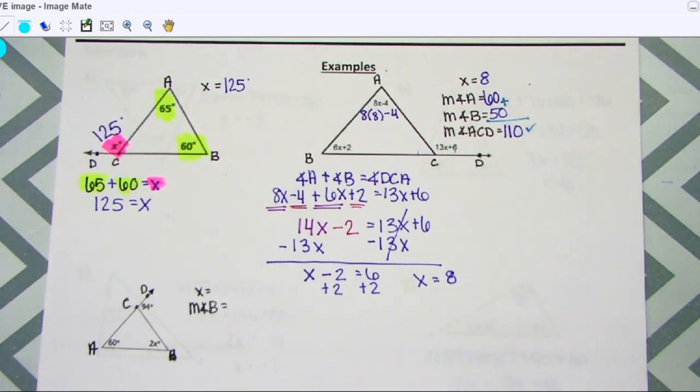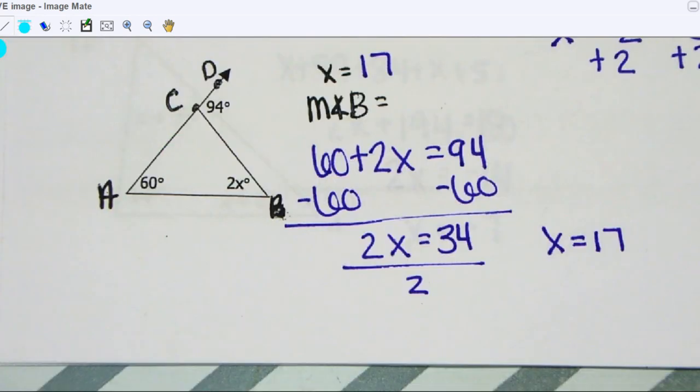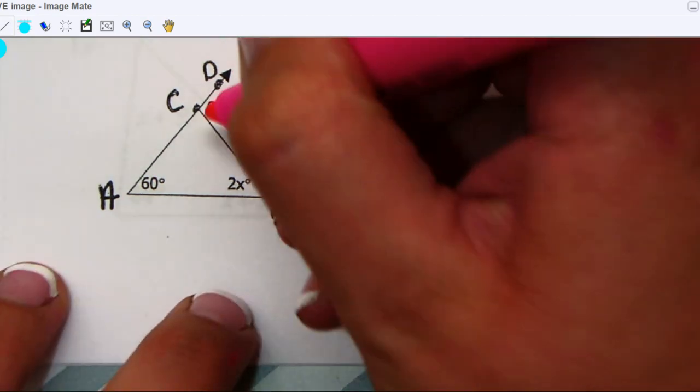All right, I want you to do the last problem. I'm setting you free. Try it out. You can do it. All right, so on this one, our two remote interiors are the ones furthest away from the exterior. So let's say that we're having trouble finding the remote interiors. Start with the exterior one.